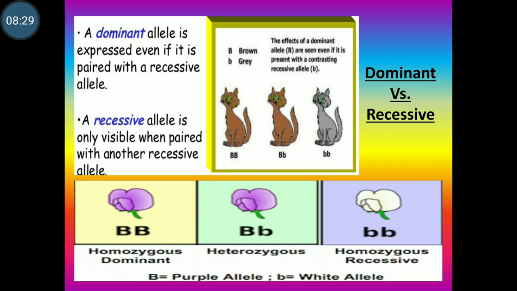And in the third you can see both small b, that is both the recessive alleles are present and therefore they can express themselves. So capital B is the purple allele and small b is the white allele. So in these 3 cases, first is a purple flower, in the second case also there is a purple flower, and in the third case only there is a white flower.